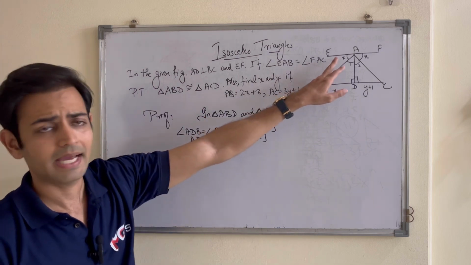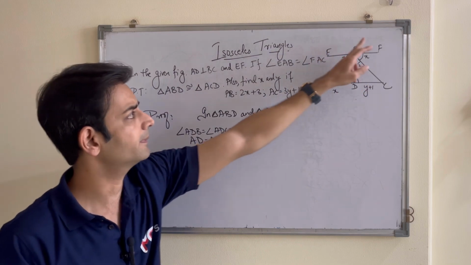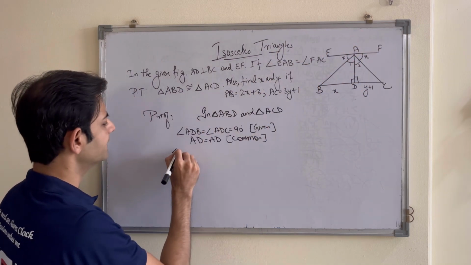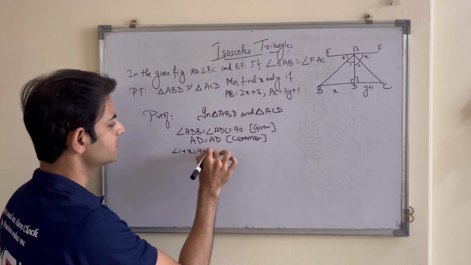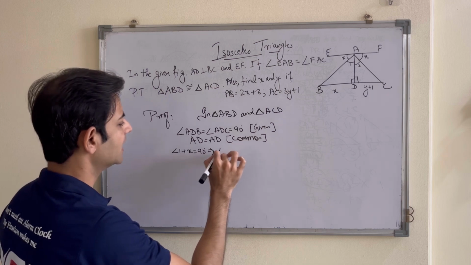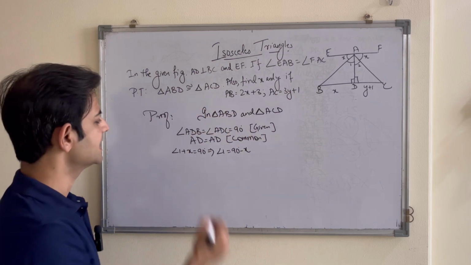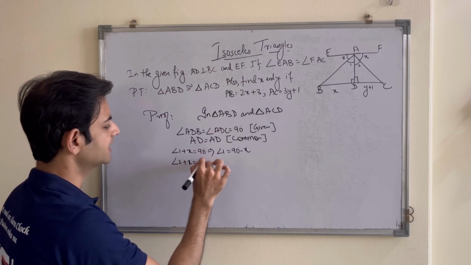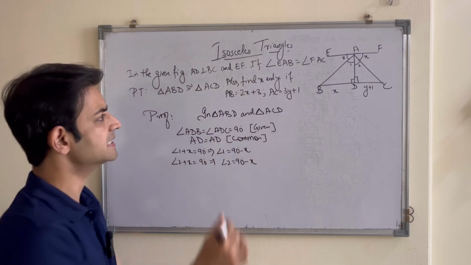Now see here, x plus angle 1 will be 90 because AD is also perpendicular to EF. So I can say angle 1 plus x is equal to 90 degrees, which means angle 1 is equal to 90 minus x. Similarly, angle 2 plus x is equal to 90 degrees. This implies angle 2 is equal to 90 minus x.